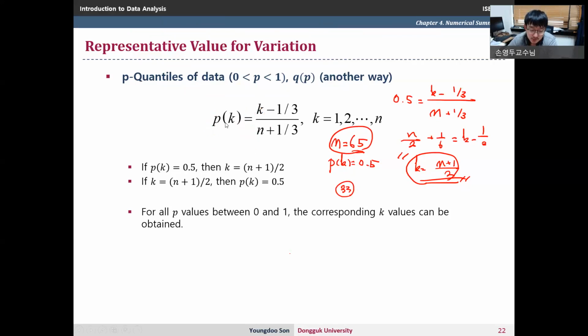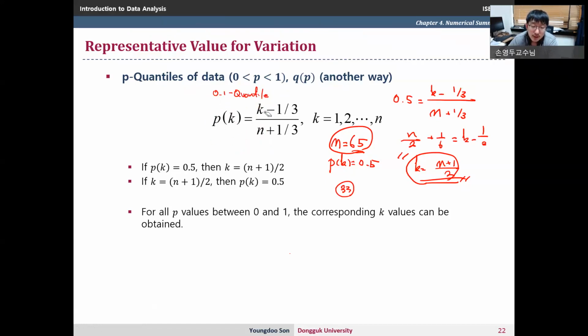So if we want to know the 0.1 quantile of the data, then we can put just 0.1 and we put n here and we can get k. So in this case, the k-th data point is the p quantile that we want to get.